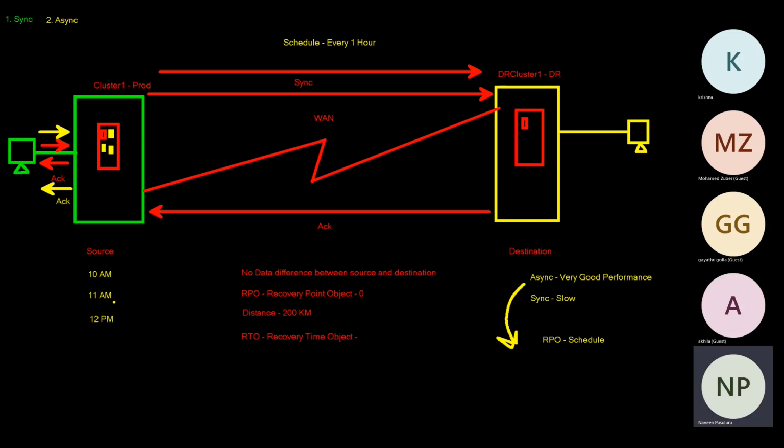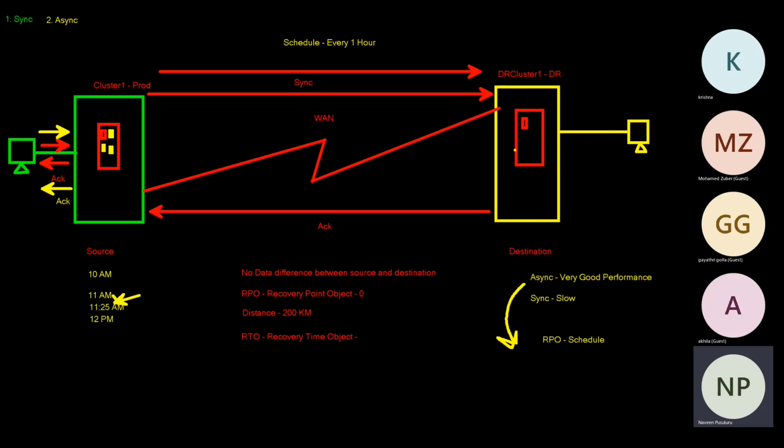So in the middle, at 11:25 a.m., my source went down. So whatever the data between 11 and 11:25, that will not be available to you in DR, right?